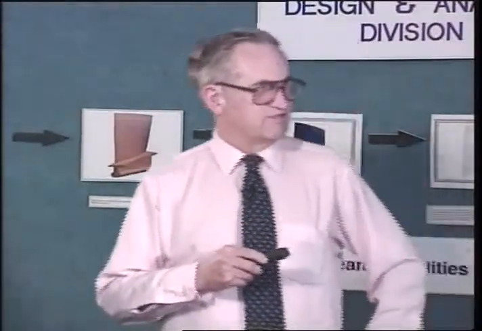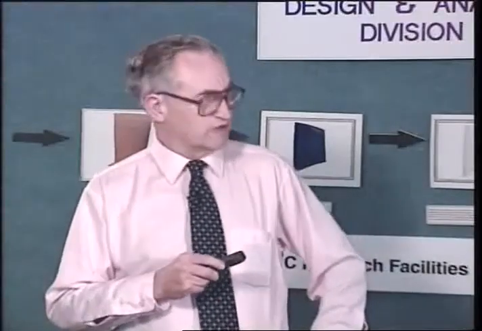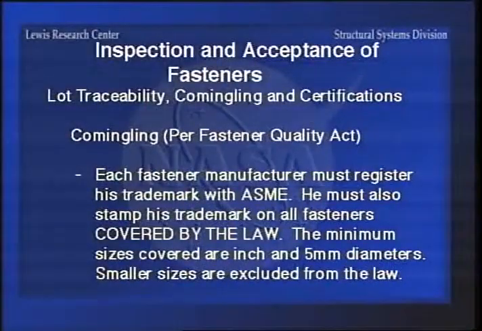Now, the minimum sizes covered are 1/4 inch in the inch system and 5 millimeter diameters in the metric. Of course, that is not altogether true, because if the fastener is through hardened, in other words, if it's a heat-treated fastener, then smaller sizes are covered, but nearly all of the small sizes are excluded from the law because they're not heat-treated that much.